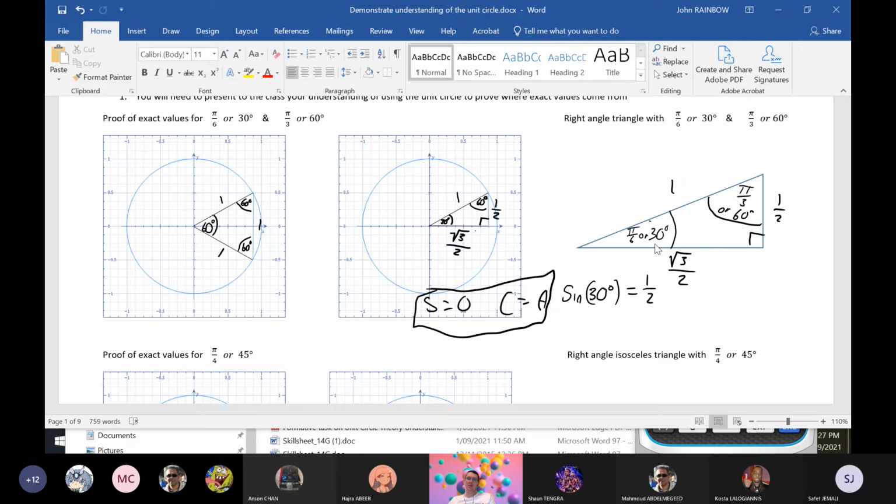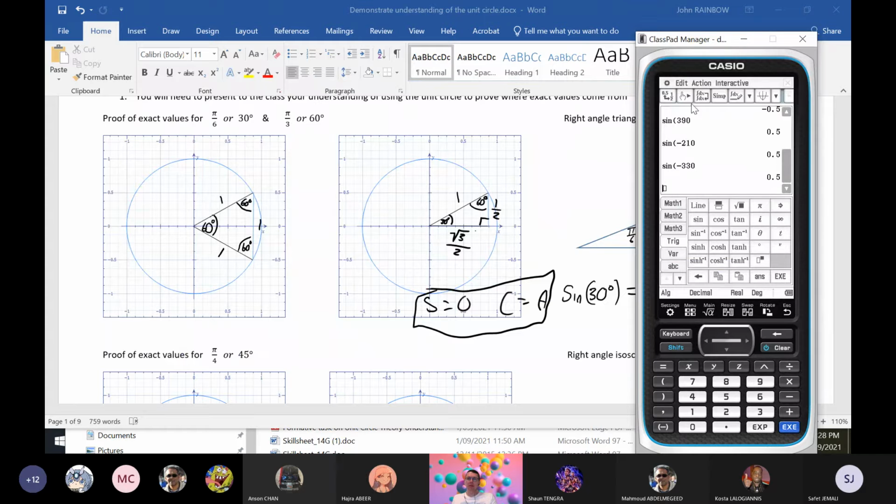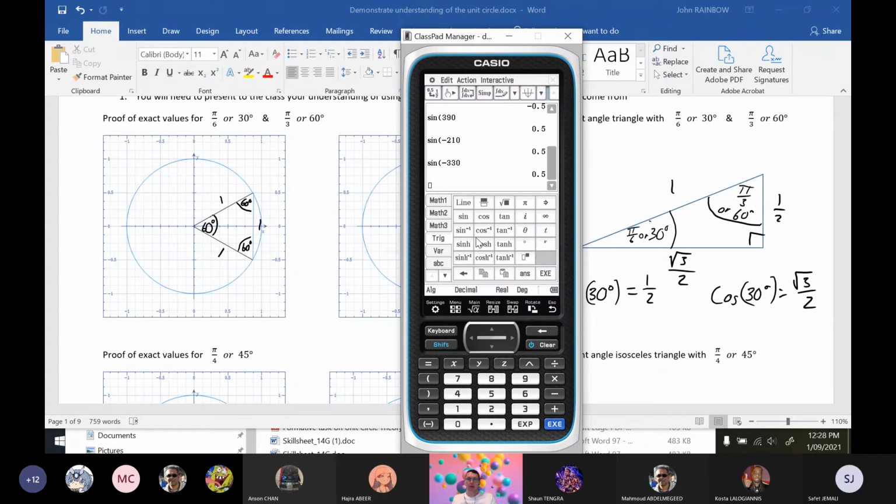I know cos 30 is going to be adjacent over hypotenuse. Root 3 on 2 divided by 1 is just root 3 on 2. If we bring up our calculator and I do cos 30 degrees, it gives you this number, which is actually equal to root 3 on 2.